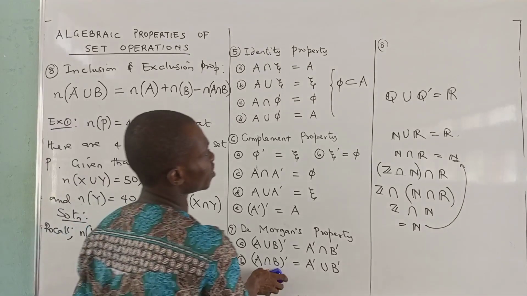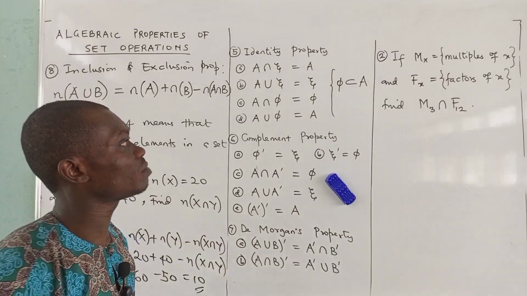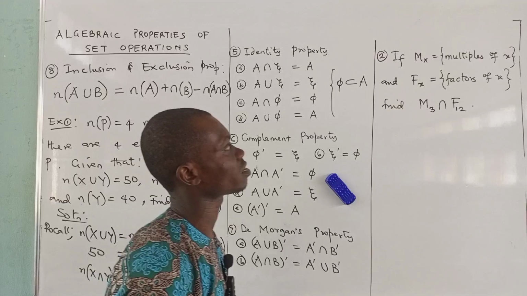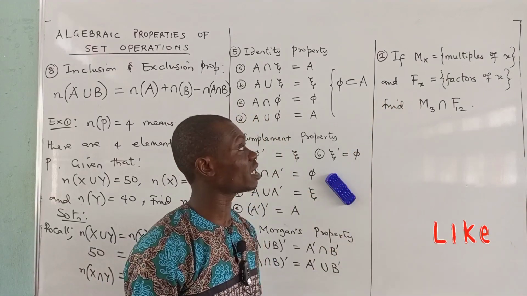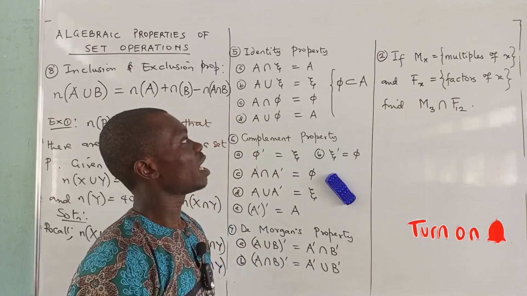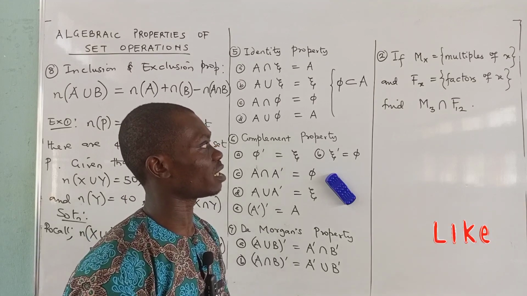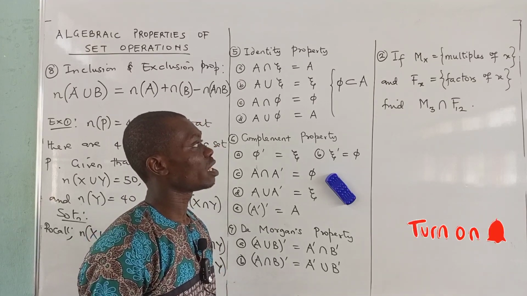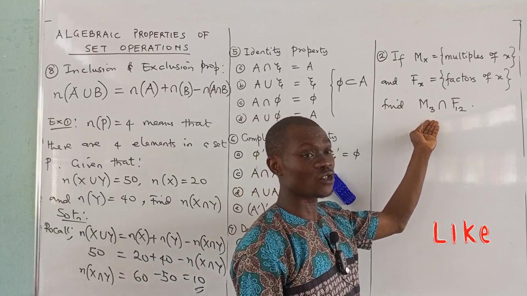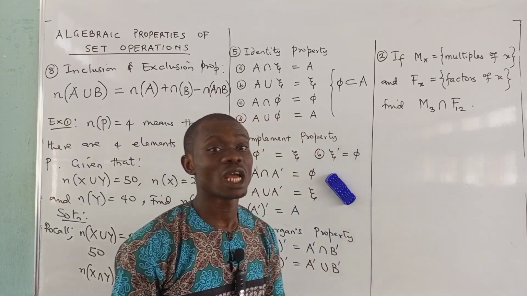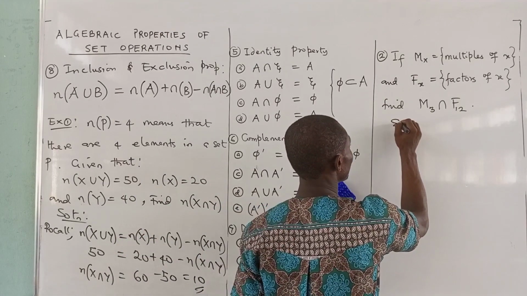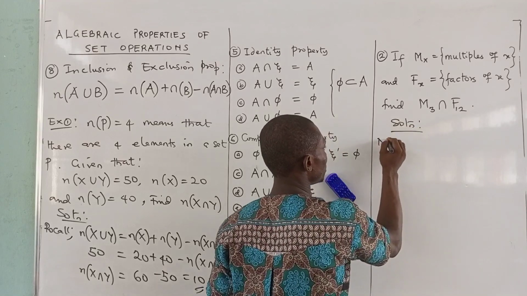So we look at the second problem. The problem says that if Mx is defined as a set of the multiples of X, and Fx is defined as a set of the factors of X, we should find M3 intersection F12. That means we should find what is M3 then.